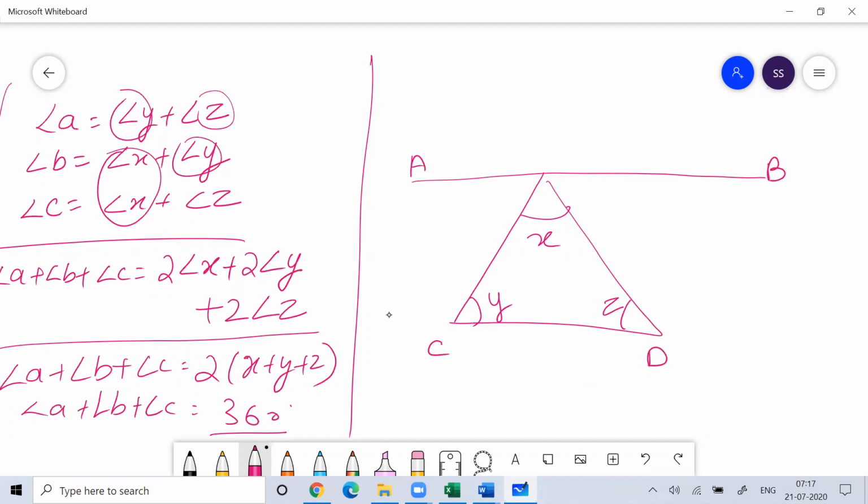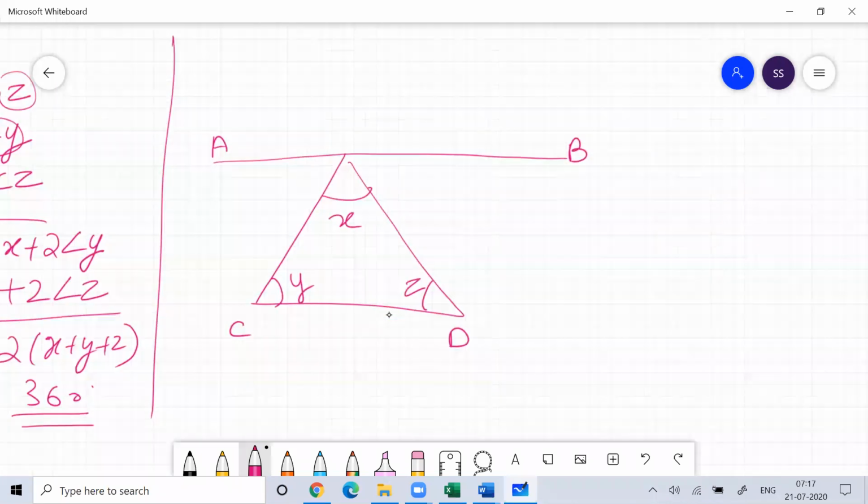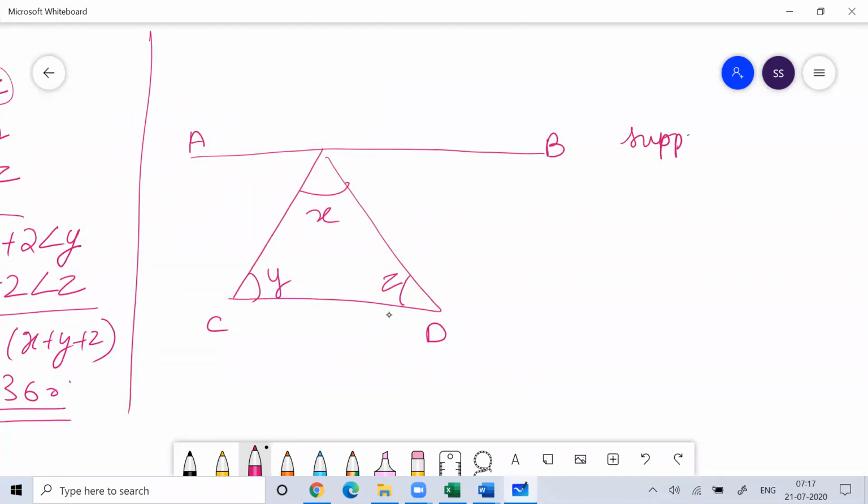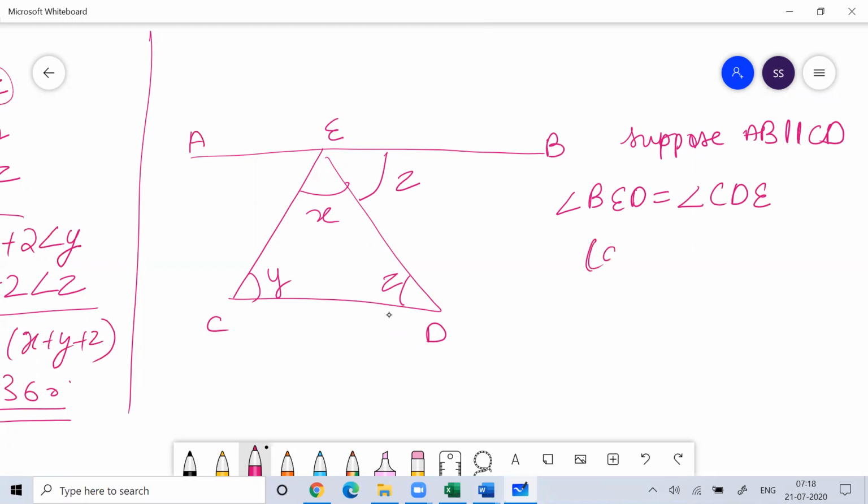These are two parallel lines, suppose AB is parallel to CD, and suppose this is E. Then your angle BED will be equal to the angle CDE. Why? This is a property of parallel lines. They are equal because they are alternate interior angles.